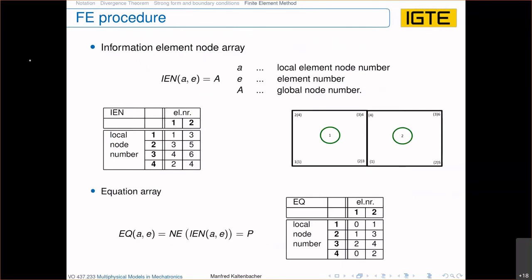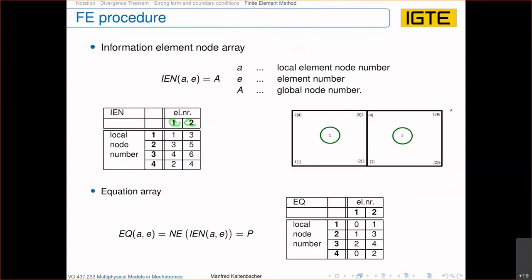The second array gives you the relation between the global node numbers and the local node numbers. We always have 4 local node numbers, 1, 2, 3 to 4, because we have quadrilaterals, and we have 2 elements, element 1 and element 2.